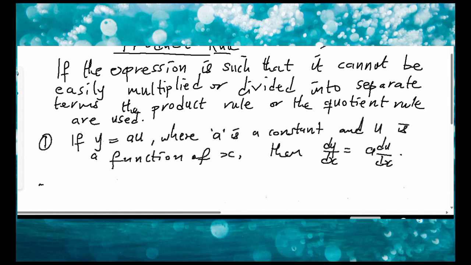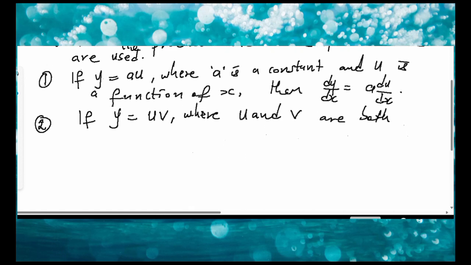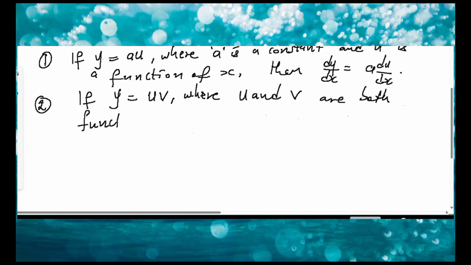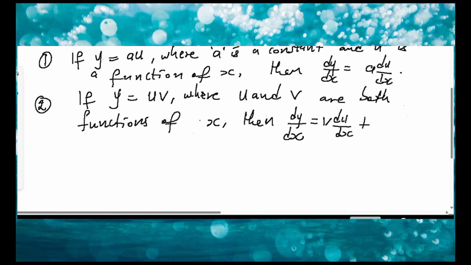Now let's look at the second scenario. If y is equal to uv, where u and v are both, let me bring it down a bit, are both functions of x, then according to the product rule, dy/dx is going to be the derivative of u multiplied by v, so it's going to be v du/dx, then plus the derivative of v times u, so it's going to be u dv/dx, right?